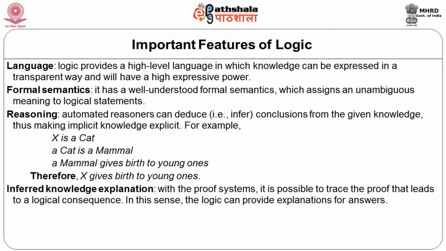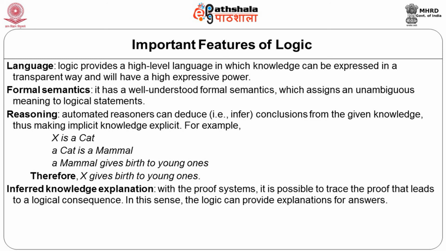But if you have used these semantic techniques and technologies, and you have that inferencing system or the reasoner, it can infer that X gives birth to young ones, even though this was not explicitly stated.